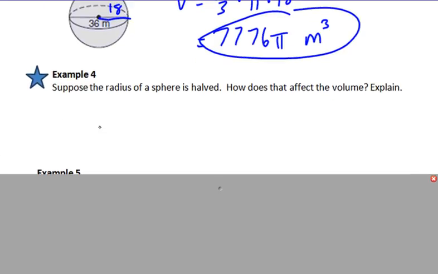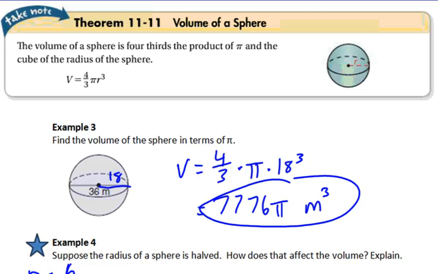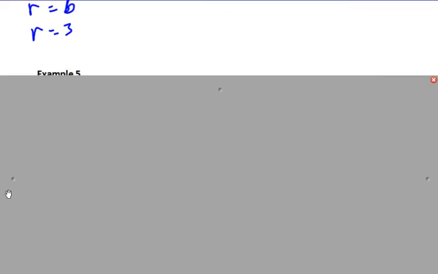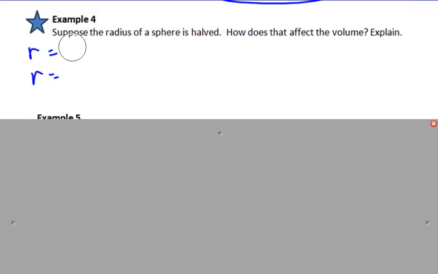The volume. Well, if the radius of the sphere is halved, the only thing that's going to change is the r. So like an example, if the radius is 6, half of that would be 3. Hey, let's use an easier one. Let's do 1 and 2.